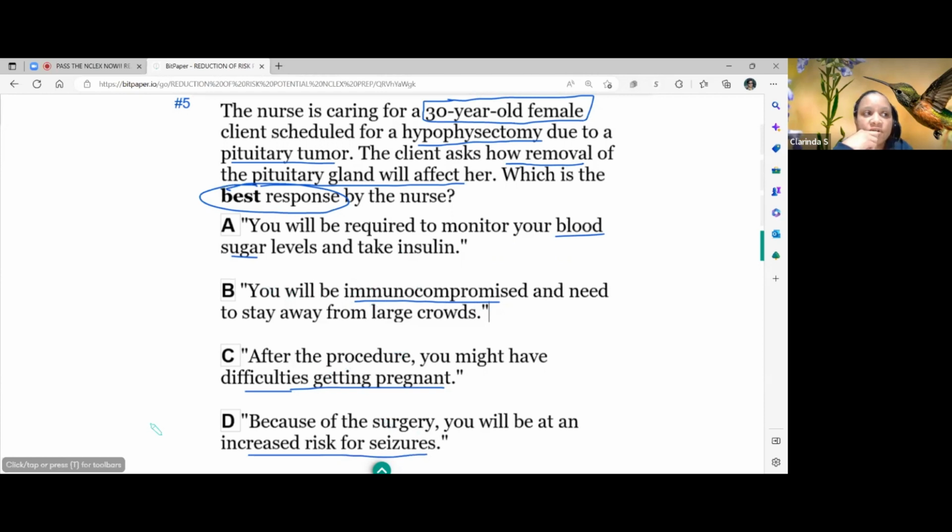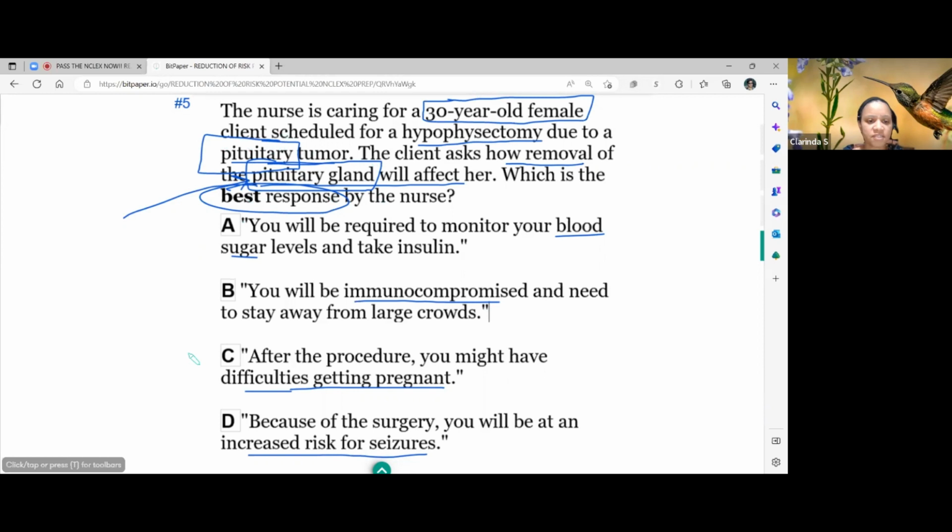All right, any thoughts on the answer? So we're having to focus in on what was removed, pituitary gland. That's where I would start.